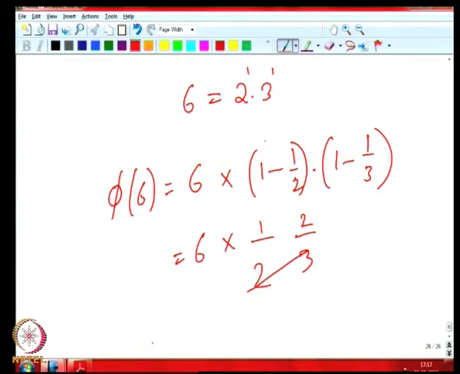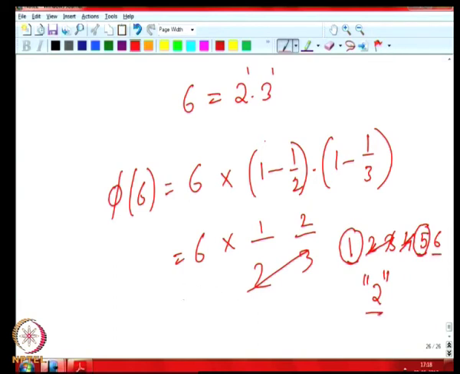So we get 2. So what was 6? 1, 2, 3, 4, 5, 6. Correct. So I wrote it wrongly before, it is 2. 2 is not relatively prime, 3 is not relatively prime, 4 is not relatively prime. So 1 and 5 are the numbers relatively prime to 6.